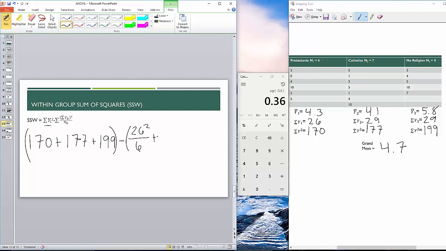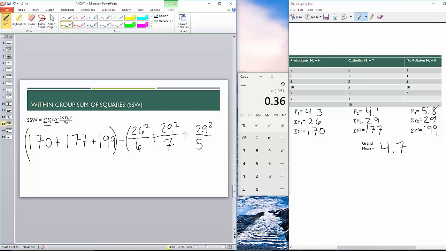We're going to perform the same process for the second sample. They had a sum of y of 29, so we square that and divide by the sample size of 7 Catholics. The non-religious group had a sum of y of 29 as well, but they had a sample size of 5.